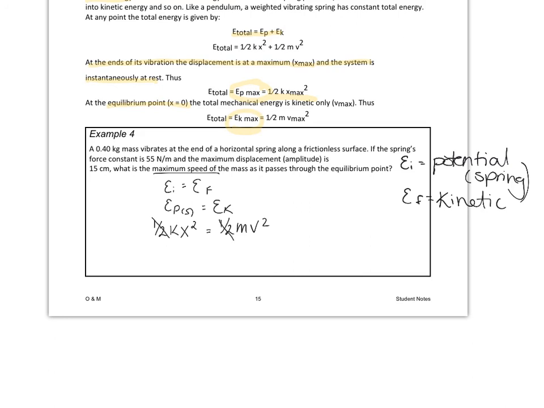Subbing in what we know, we have 55 newtons per meter as k, and the maximum displacement is 15 centimeters, so 0.15 meters, and that's squared. This is equal to the mass, 0.40 kilograms, times the velocity squared. Solving this out, we get 1.8 meters per second is the maximum speed as it passes through the equilibrium point.